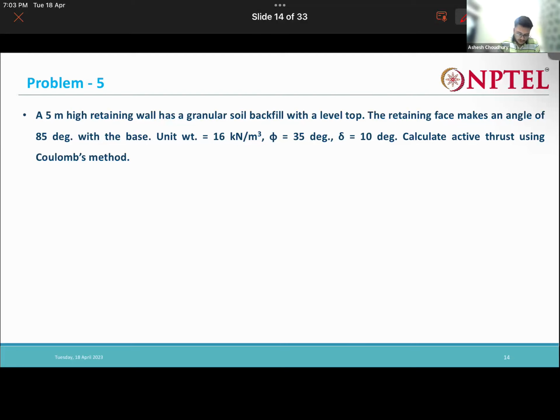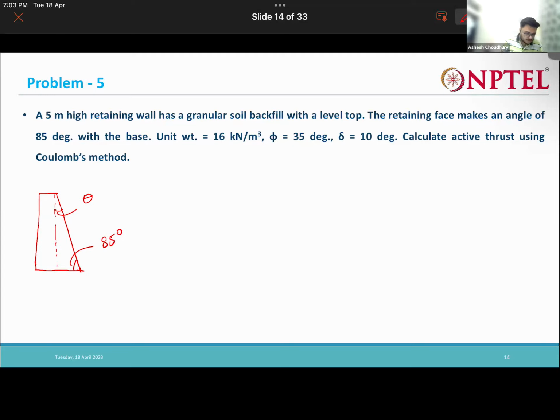Okay. So this is actually given to us. This is the theta, which is 85 degrees.